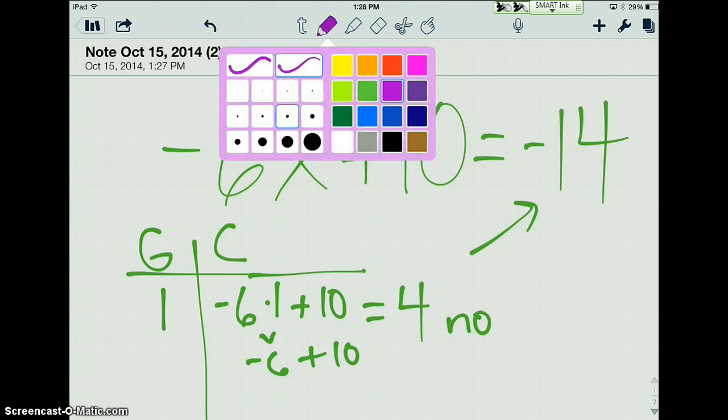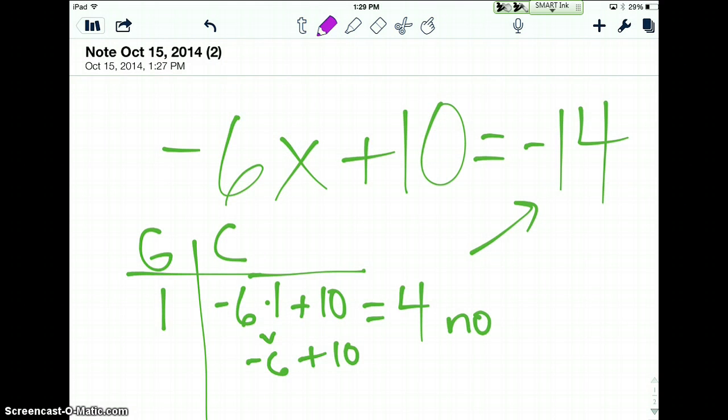So I'm going to go to a new color. This was too big. So I need to try something smaller. What should we try? Let's go negative 5. See what that does to it. Negative 6 times negative 5 plus 10.